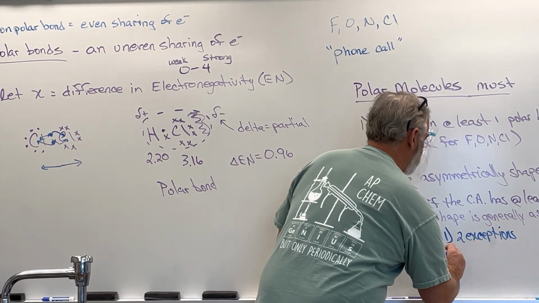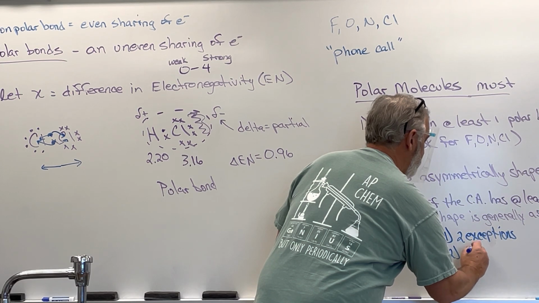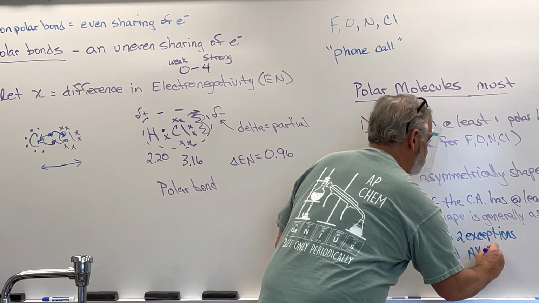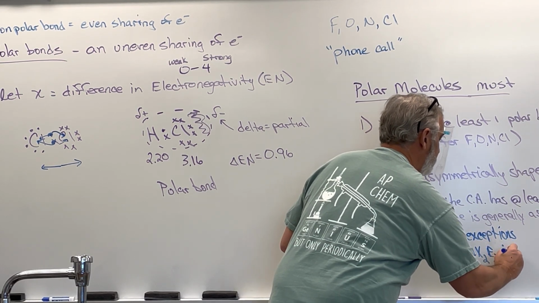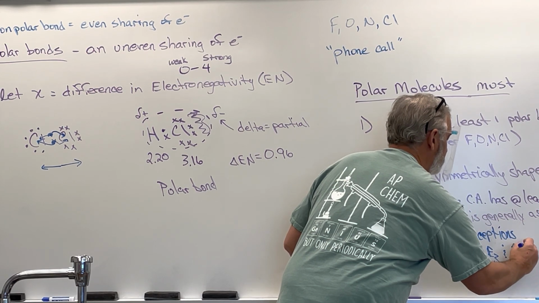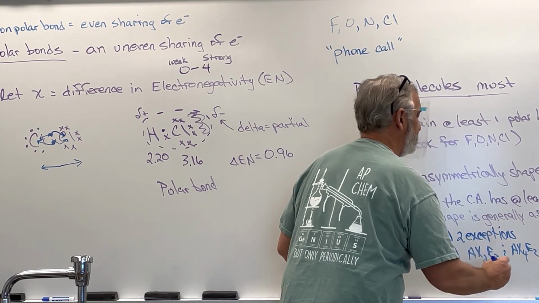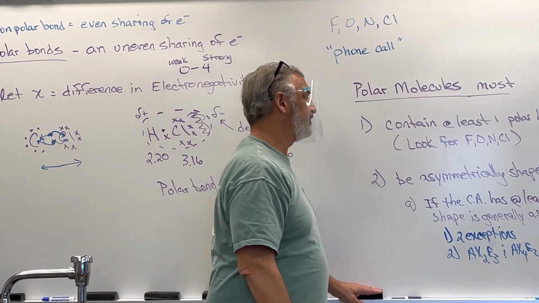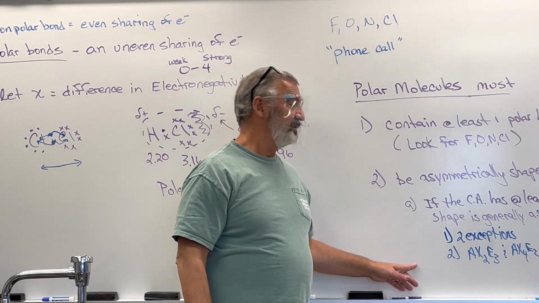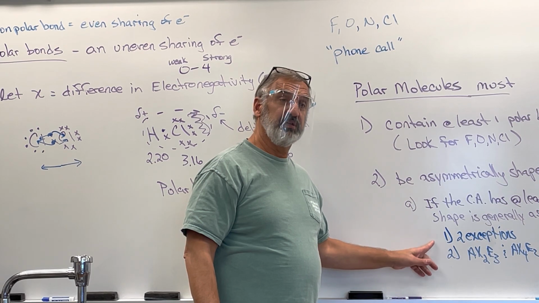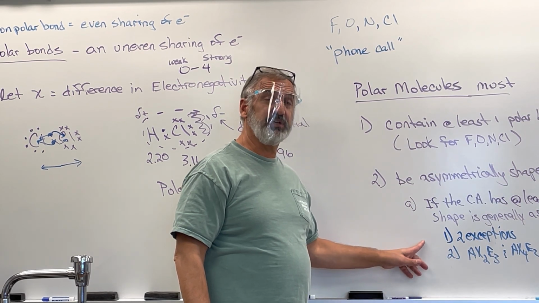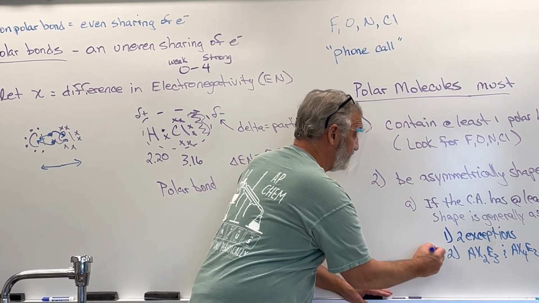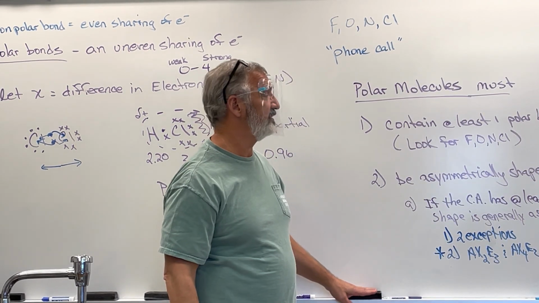AX2E3 and AX4E2. Two expanded octets, but they're symmetrical. They have lone pairs, but they're still symmetrical. But generally, if it has lone pairs on it, it's asymmetrical. You just have to know these. Just gotta pay attention to those.